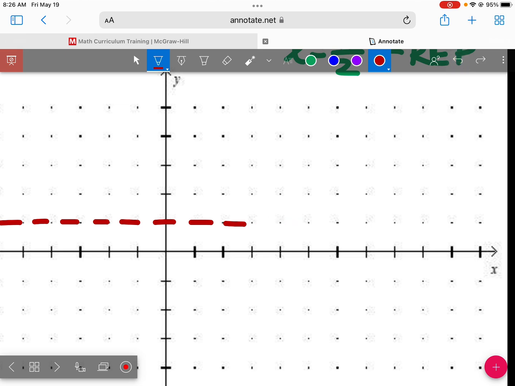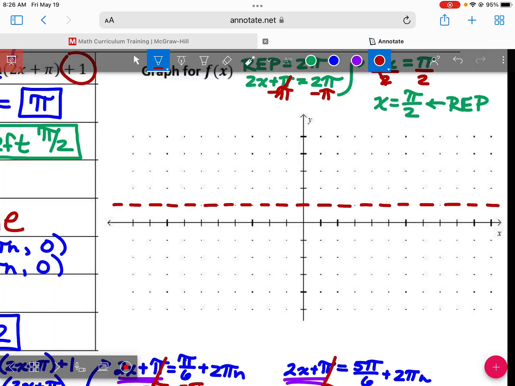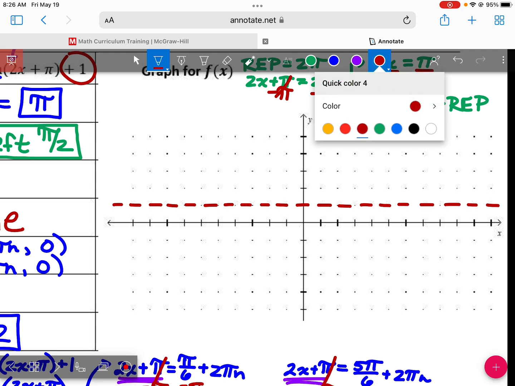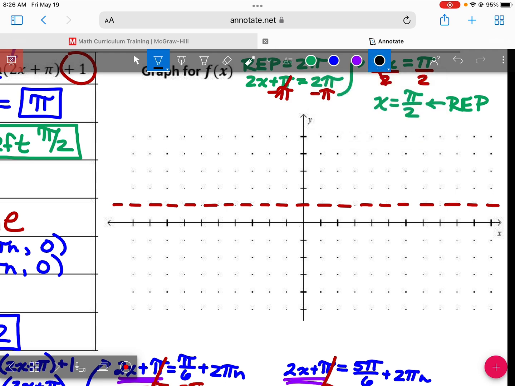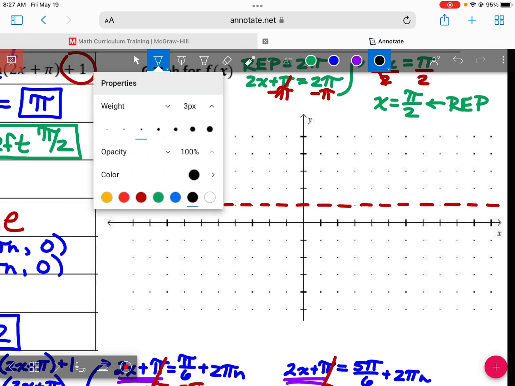And as far as what to count by, pi over 2's. So if I count by pi over 2, here's my left endpoint, here's my right endpoint. I've got to fit a whole S in there. Let's count by pi over 4's. That gives me a little bit more room to get this S shape in there. All right.